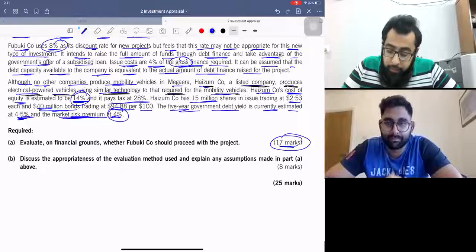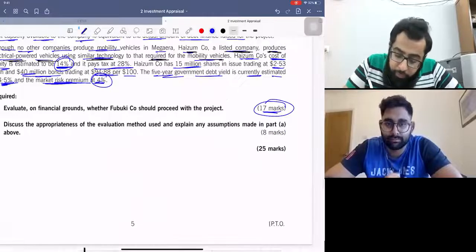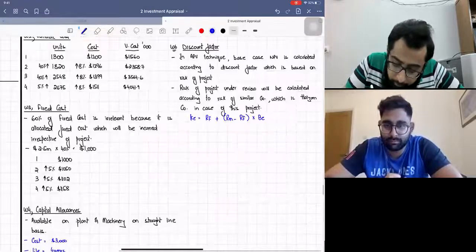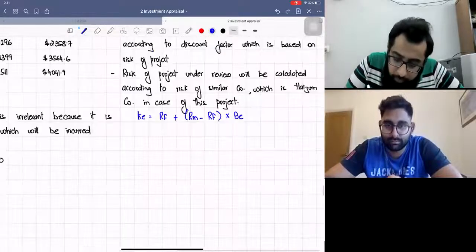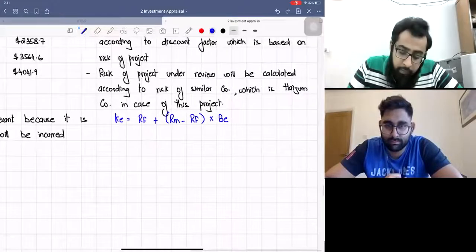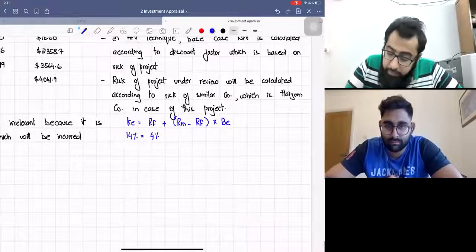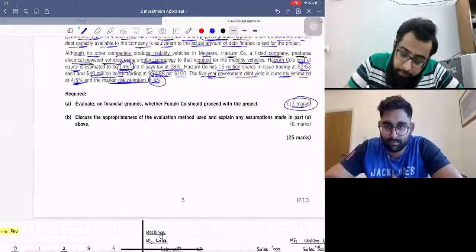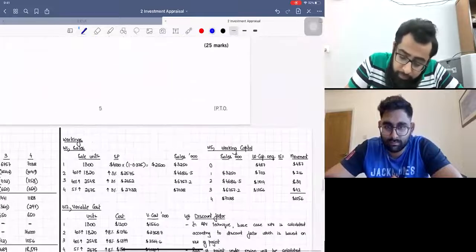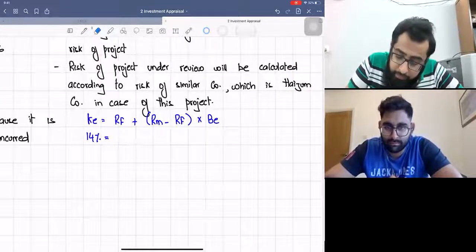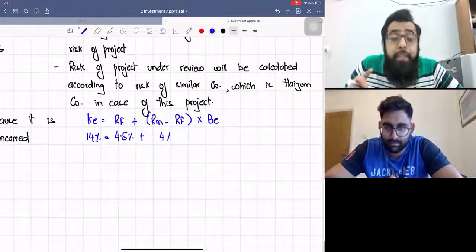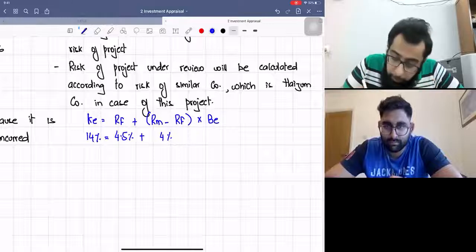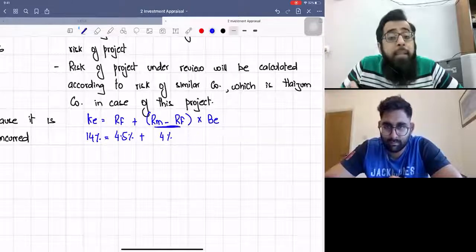So what I'm doing is cost of equity 14% is equal to RF, which is 4.5%, plus 4% as the premium. Now, RM minus RF gives us the premium.